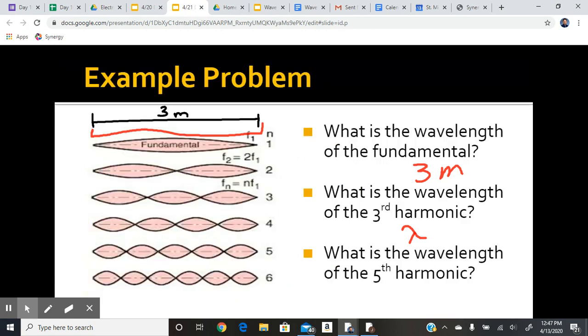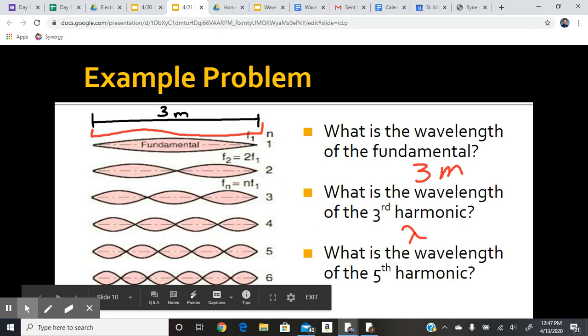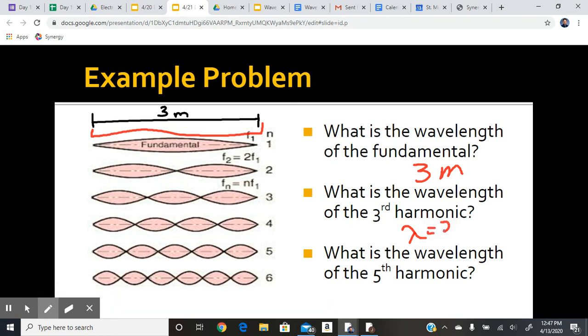So I would have 2 over 3 times 3 meters. So what I'm going to end up getting there is my wavelength is just 2 meters.